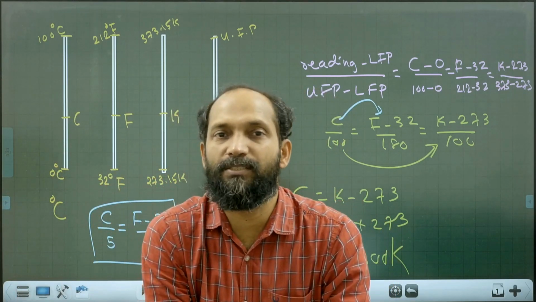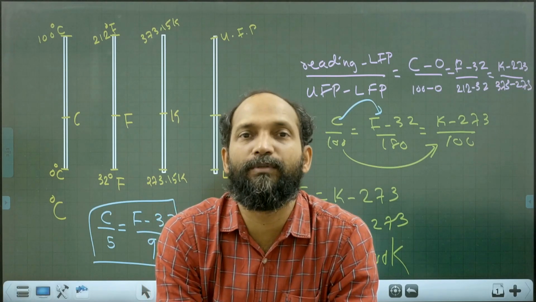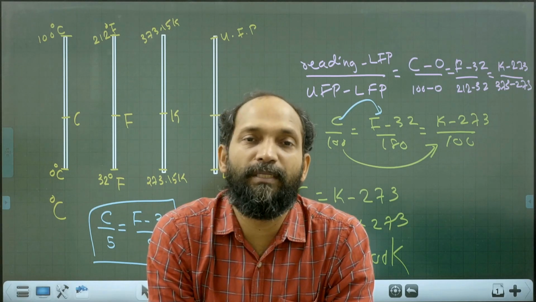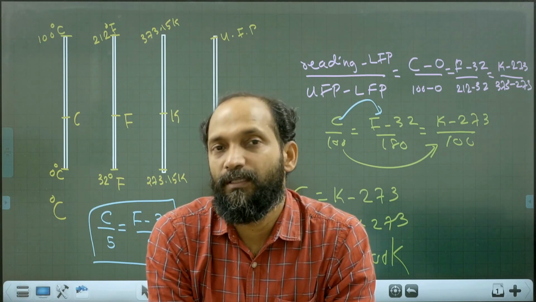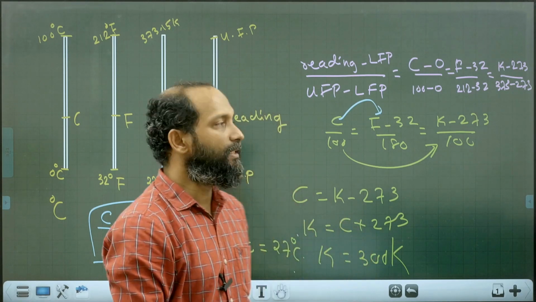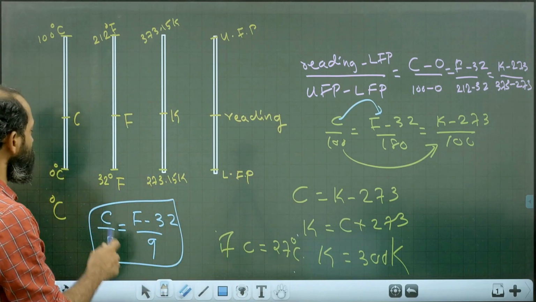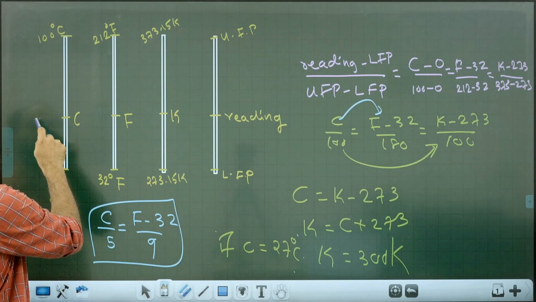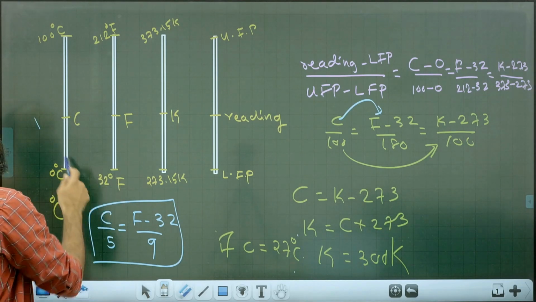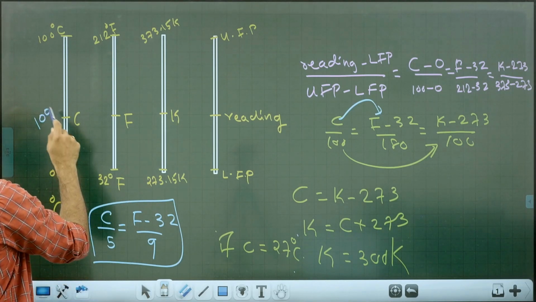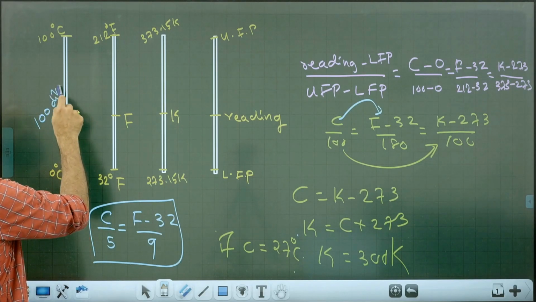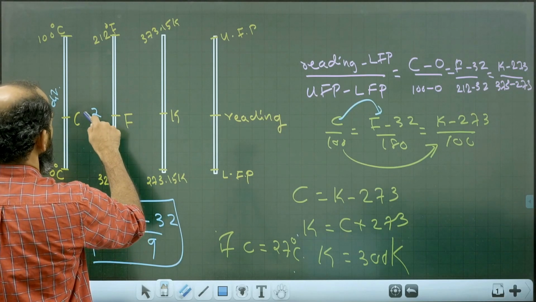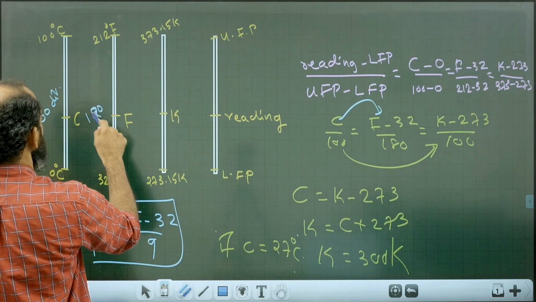From these pictures and all explanations, it is clear that the Fahrenheit thermometer is more sensitive, because a unit degree rise of temperature in the Celsius scale corresponds to a 1.8 degree rise in temperature in the Fahrenheit scale. In the Celsius thermometer there are 100 equal divisions, while in the Fahrenheit thermometer there are 180 divisions.